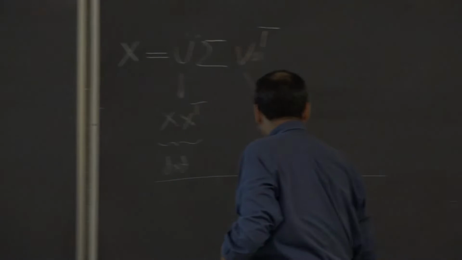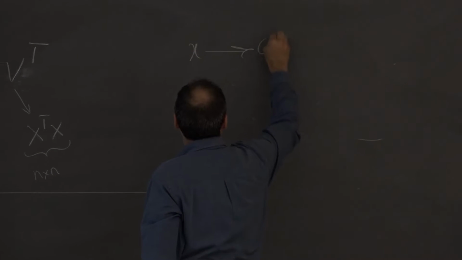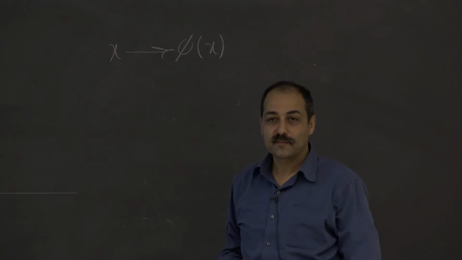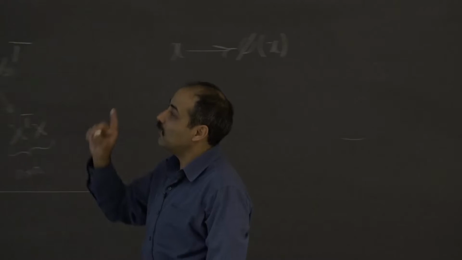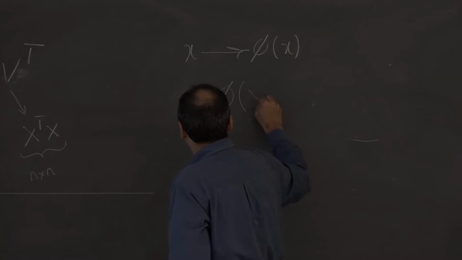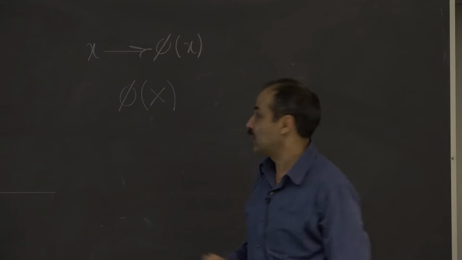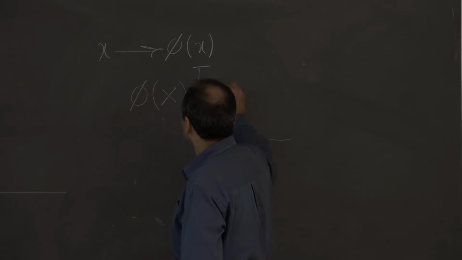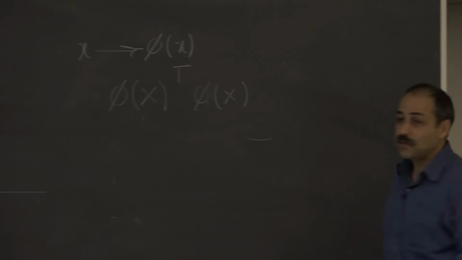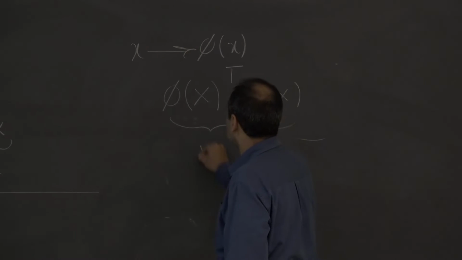Okay, so basically I'm going to map my data to higher dimensional space, phi of x. So I start with X transpose X. If all of the data have been mapped to higher dimensional space, that's going to be phi of x transpose times phi of x. But phi of x transpose times phi of x is a kernel.